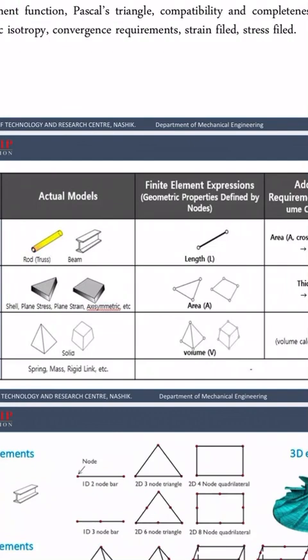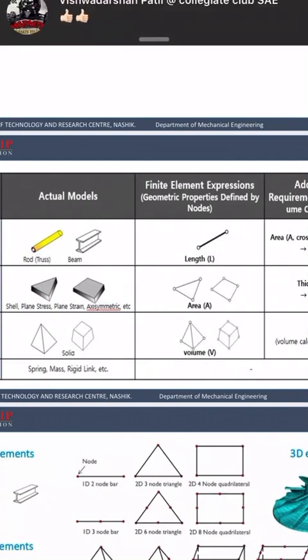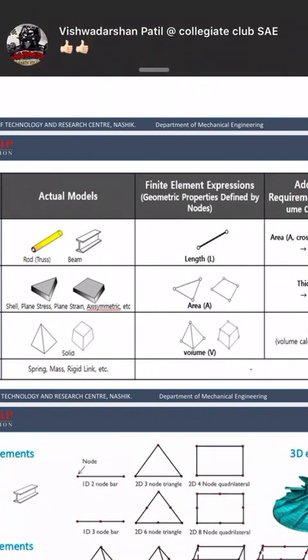If we need to define a one-dimensional geometry, we need only two nodes. By using these two nodes you can measure only one parameter, which is nothing but length. So for the finite element expression of a one-dimensional geometry, we need length as the geometric property.